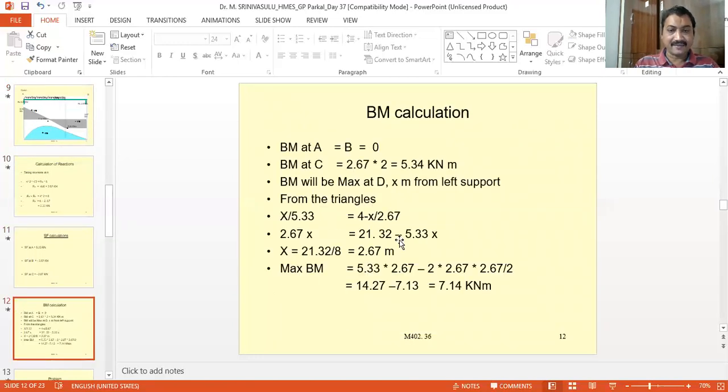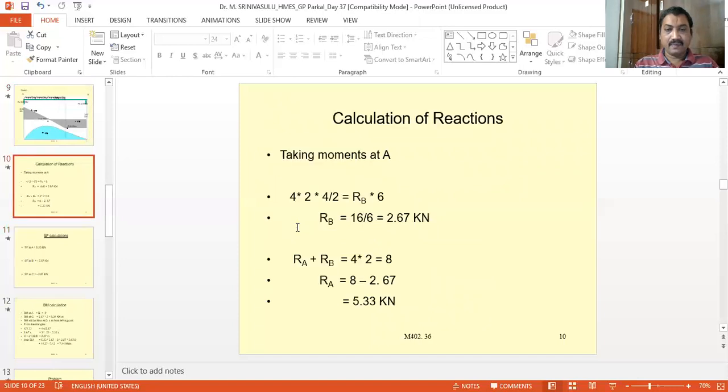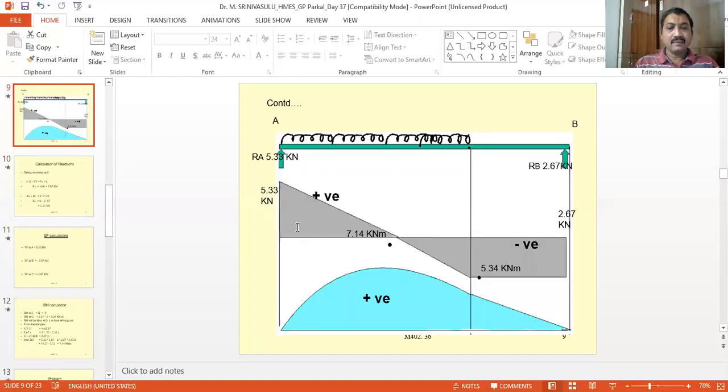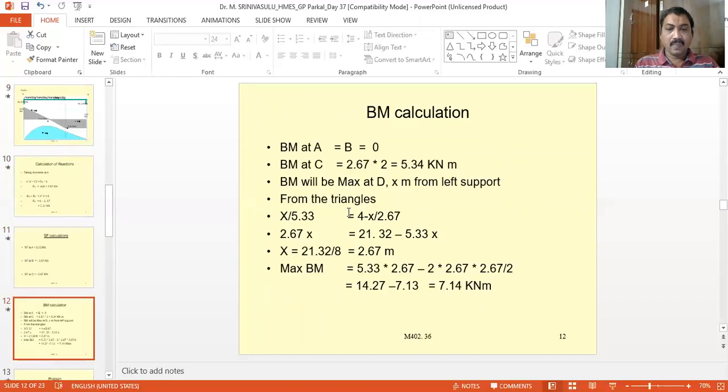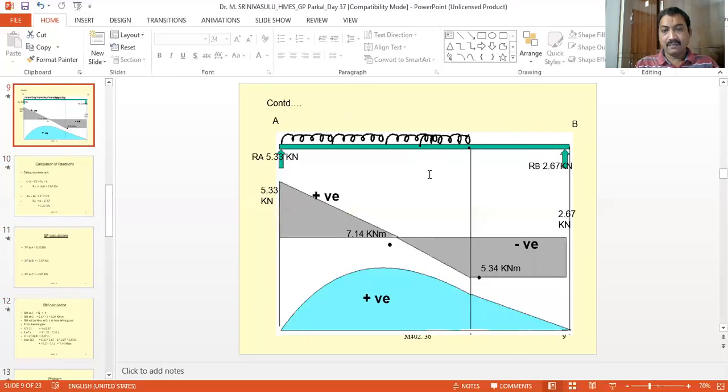To find out that X, from the triangles, X by 5.33 is equal to 4 minus X by 2.67. This is the one, because this is a common thing.